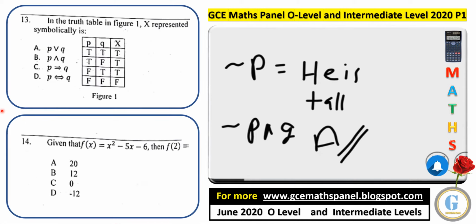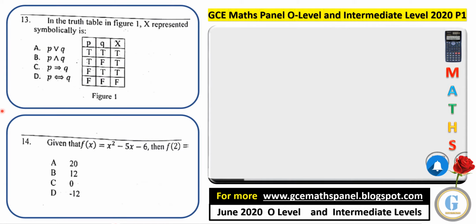Question number 13. We look at the table that has been given to us. So what does this table represent? When you look at the table, you see that P and Q are true whenever one is true, and they are false only when both are false.